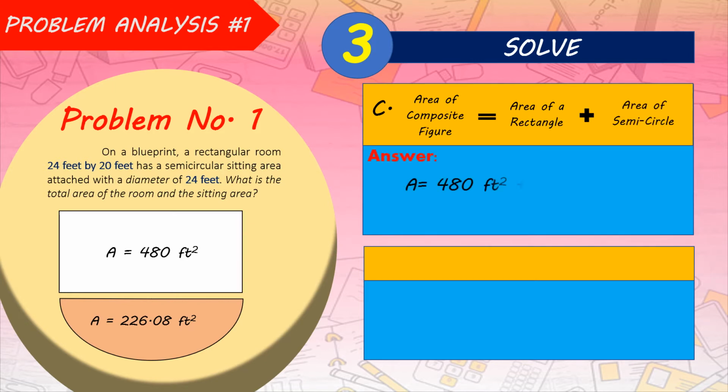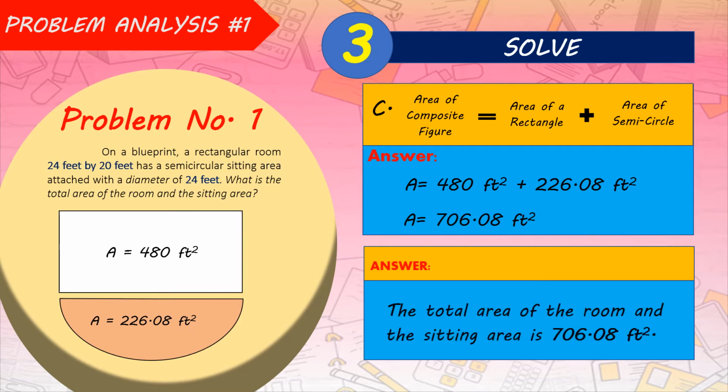So we will have area is equal to 480 square feet plus 226.08 square feet. If we add this, what will we get? Very good. We are going to get 706.08 square feet. So the answer to the question is that the total area of the room and the seating area is 706.08 square feet. That's very good.